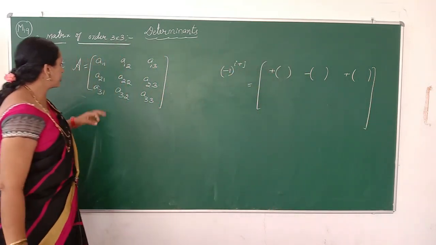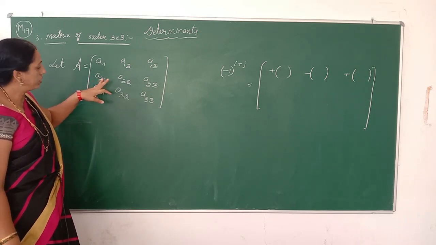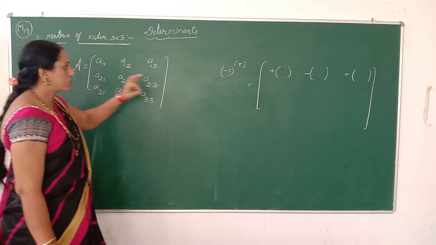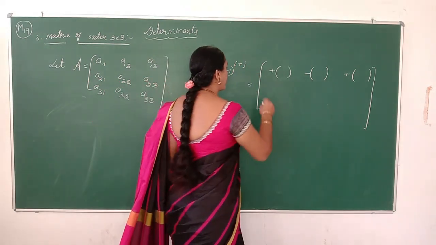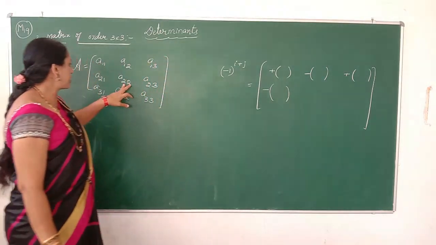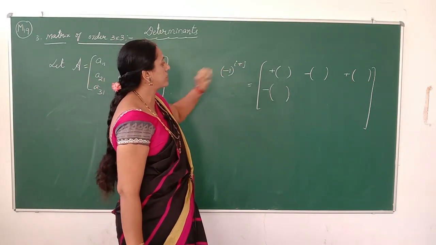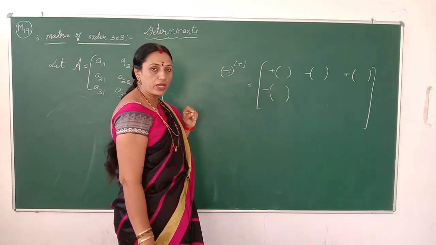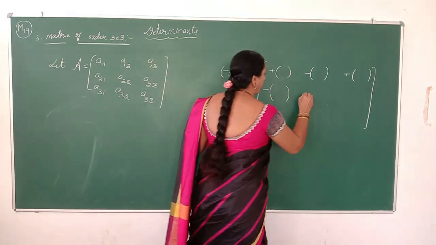Similarly, we will come to the second row. A21: i is equal to 2, j is equal to 1. So 2 plus 1 is 3, and (-1) to the power of 3 means negative. Next element A22: i is equal to 2, j is equal to 2, 2 plus 2 is 4, and (-1) to the power of 4 is positive.